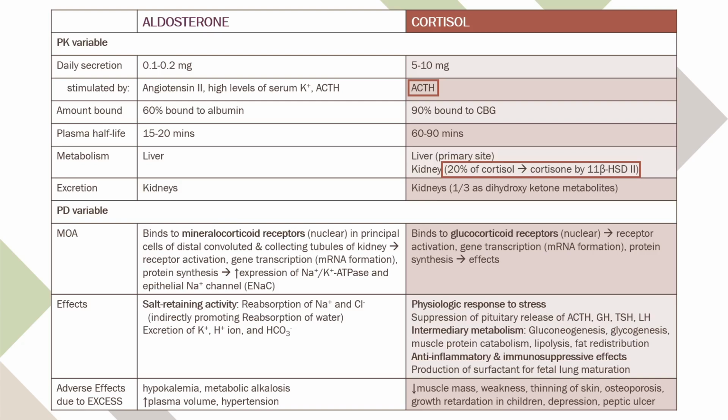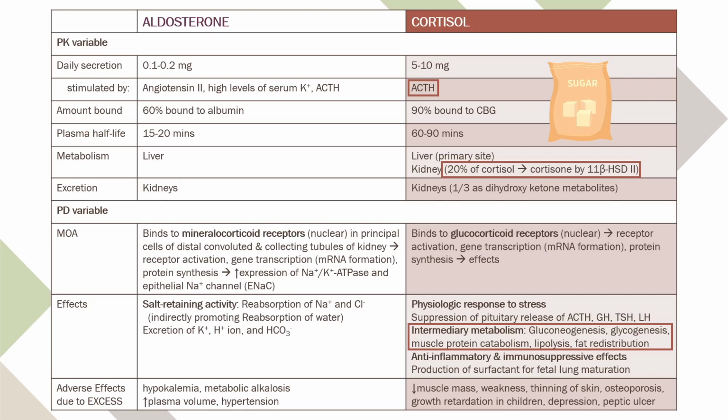Firstly, the metabolic effects of cortisol include gluconeogenesis, glycogenesis, muscle proteolysis, and lipolysis, which as a result increases serum glucose levels and stimulates insulin release. Other major effects of cortisol include anti-inflammatory activity and immunosuppression.